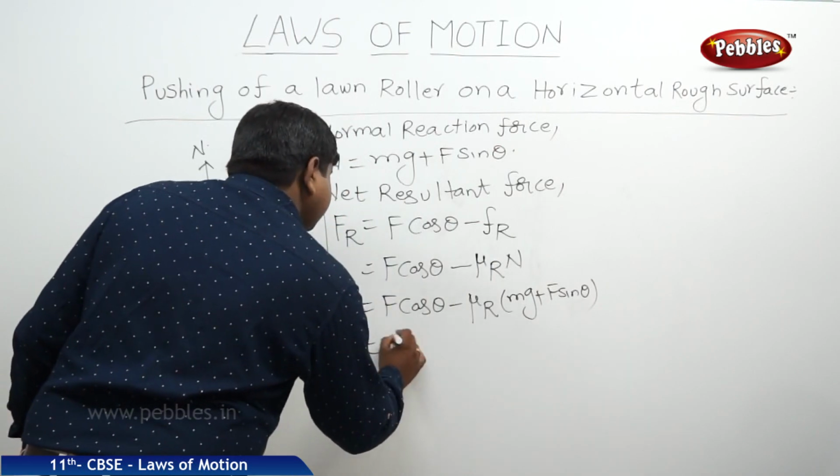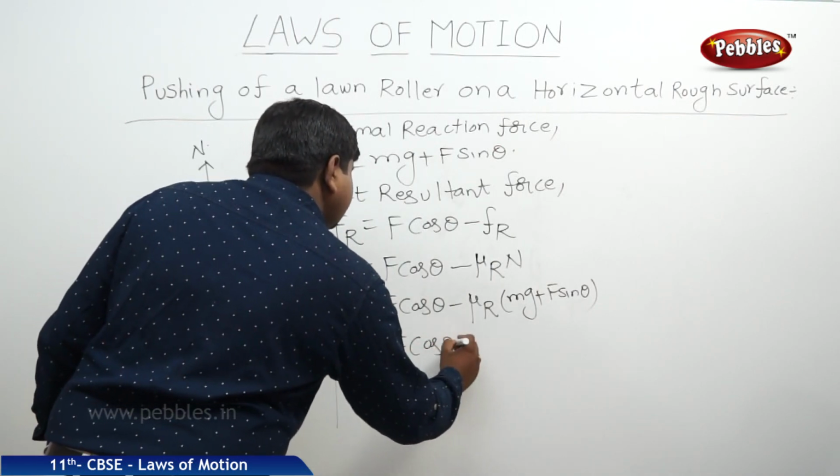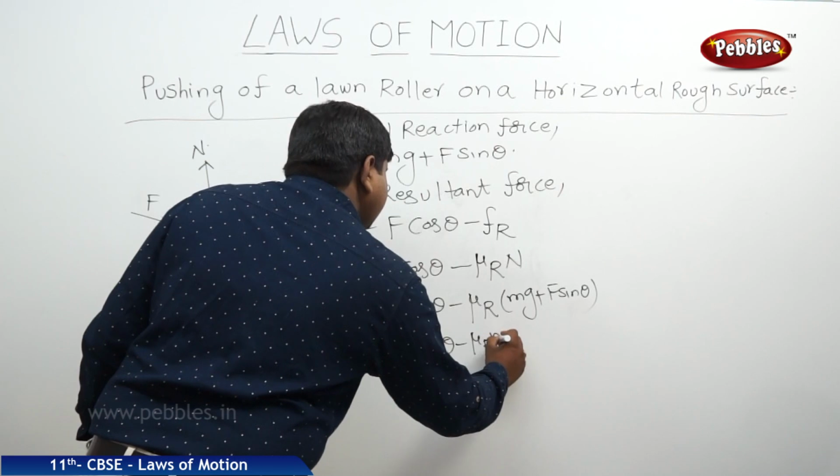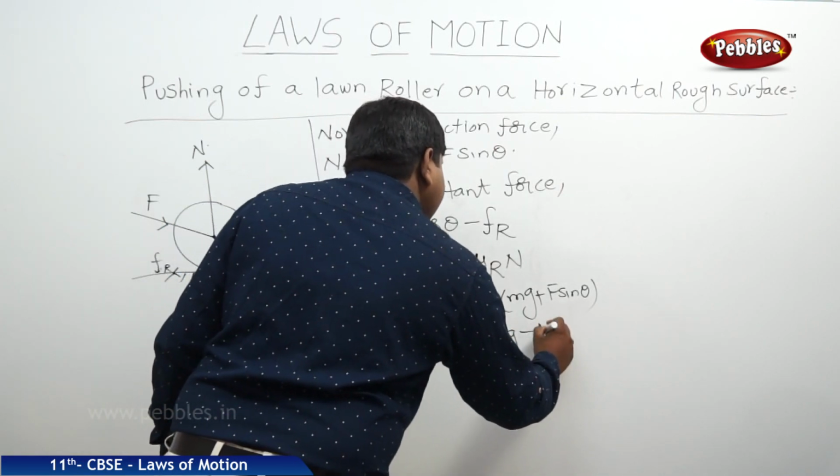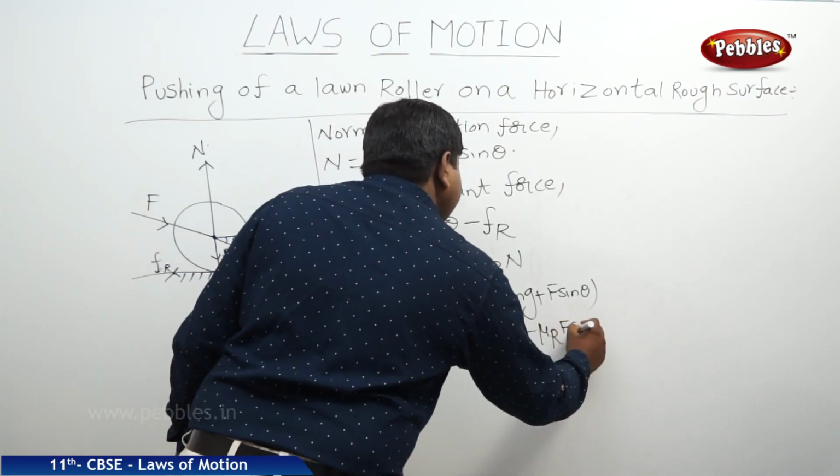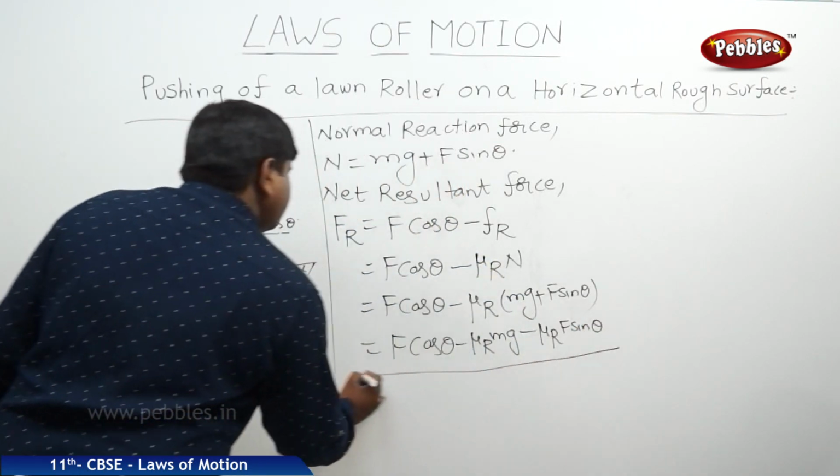So this will be F cos theta minus mu r mg minus mu r F sine theta, which is equal to Fr.